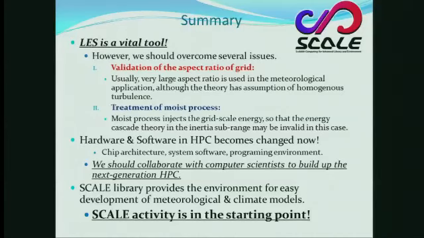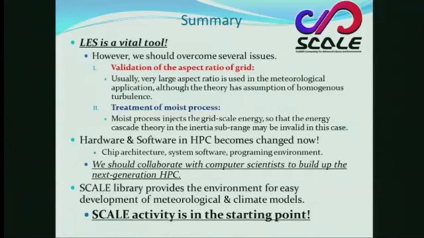And treatment of moist processes is one of the problems. Moist processes inject grid scale energy, so the energy cascade theory in the inertial subrange may be invalid in this case. And also hardware and software in HPC are changing now.